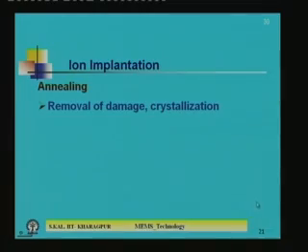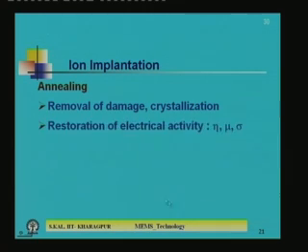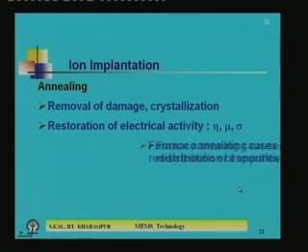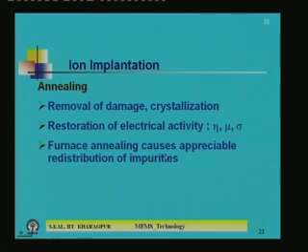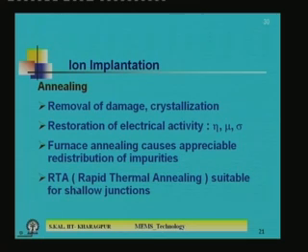Annealing is a must in ion implantation for removal of damage and for recrystallization, as I mentioned, and for restoration of electrical activity, because mu, sigma, eta all will be restored after annealing. Furnace annealing causes appreciable redistribution of impurities. So people prefer RTA, rapid thermal annealing, which is suitable for shallow junctions.